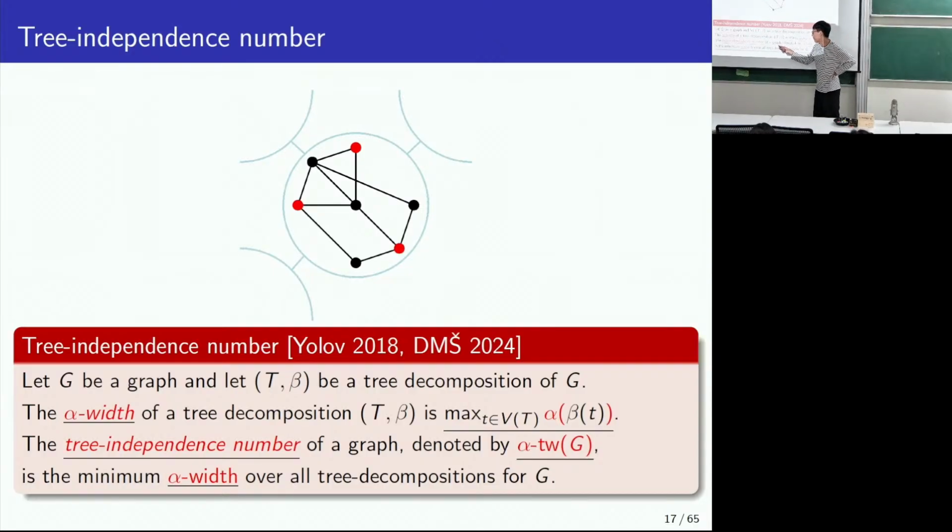To elaborate the definition, we look at a tree decomposition, and the alpha-width of the tree decomposition is the maximum independence number of all its bags. And the tree independence number of a graph is the minimum alpha-width over all tree decompositions.